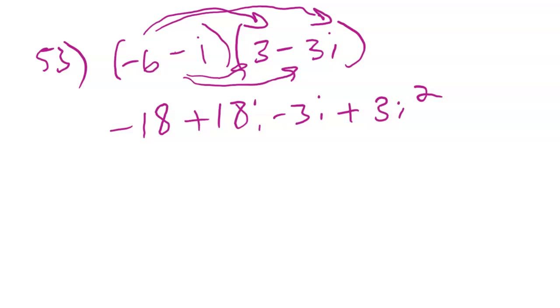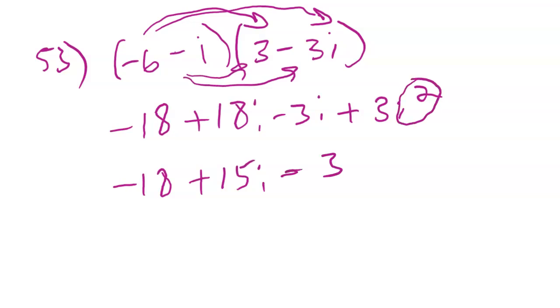And then I'm going to combine like terms and stuff like that. Let's see, so I got -18 plus 15i minus, okay, so i squared is -1, so this is going to be -3. And then I'll get -21. Sounds right. -21 plus 15i. That's not a big deal.